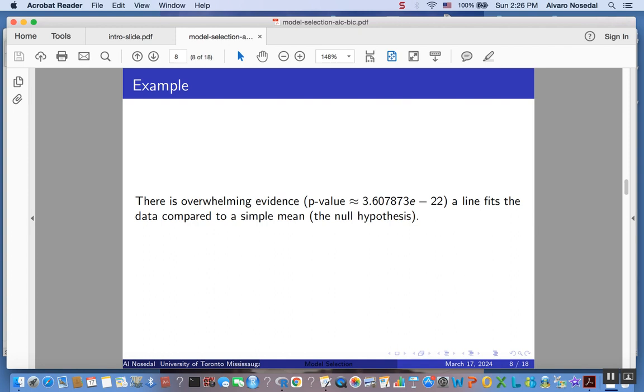The complicated model includes beta 0 and beta 1, and see that the reduced model is a particular case of the complicated model. If you set beta 1 equal to 0 for the full model, then you end up with the reduced model. When you have this kind of situation, you have something that we call a nested model.